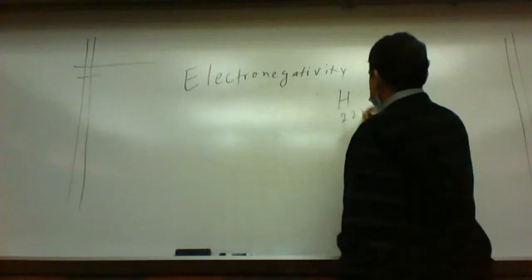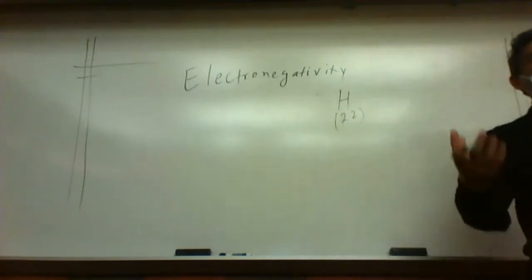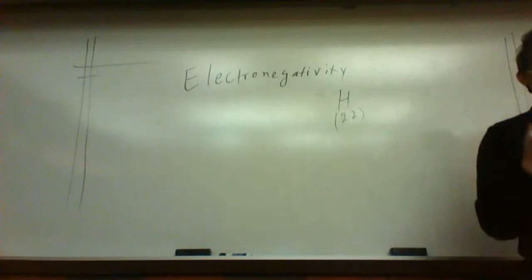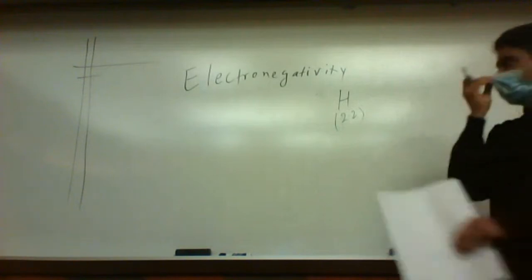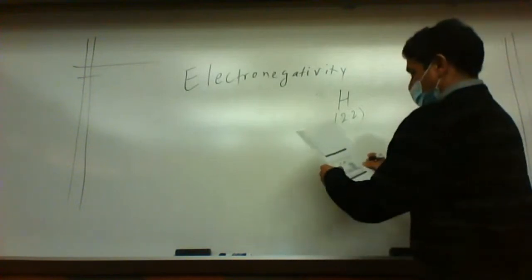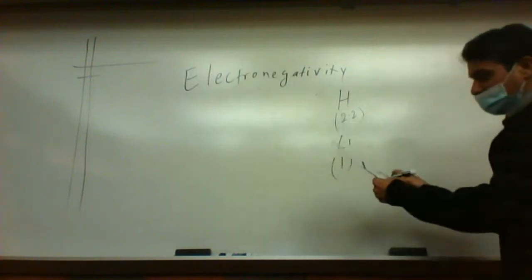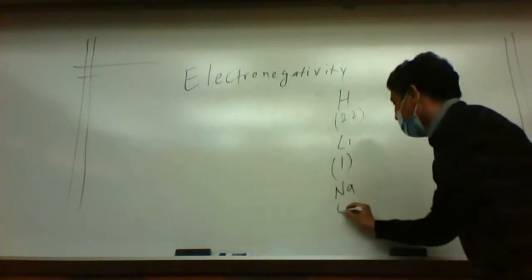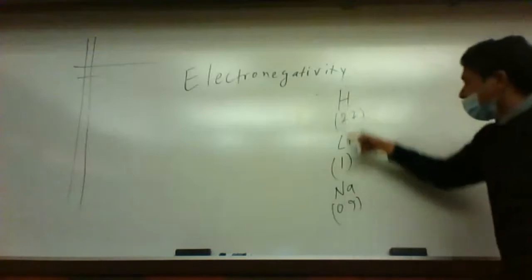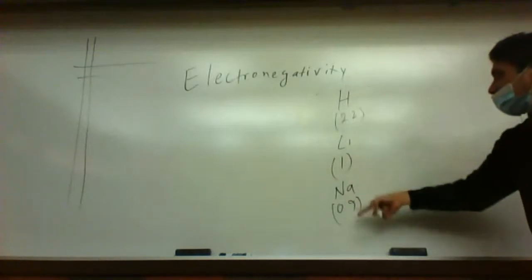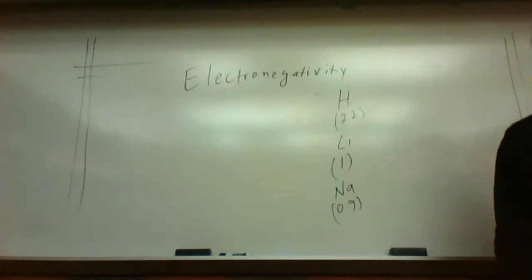So the force by which the hydrogen attracts the shared pair of electrons is 2.2, and lithium has 1. Sodium has 0.9. So if you look here, the electronegativity value decreases going from top to bottom in a group.